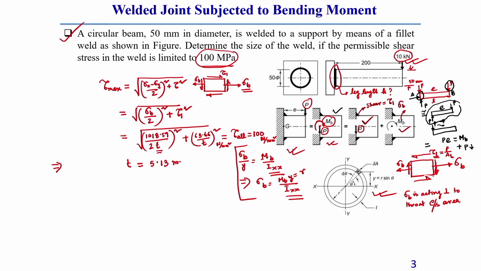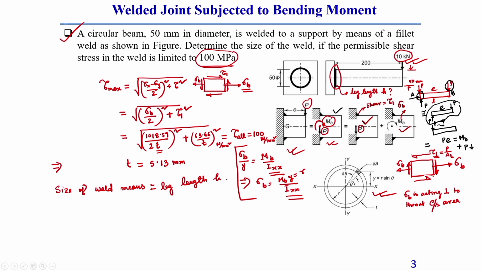So, by using this relationship we can get t equal to 5.13 millimeter. Now, we know that the size of the weld is its leg length, h.